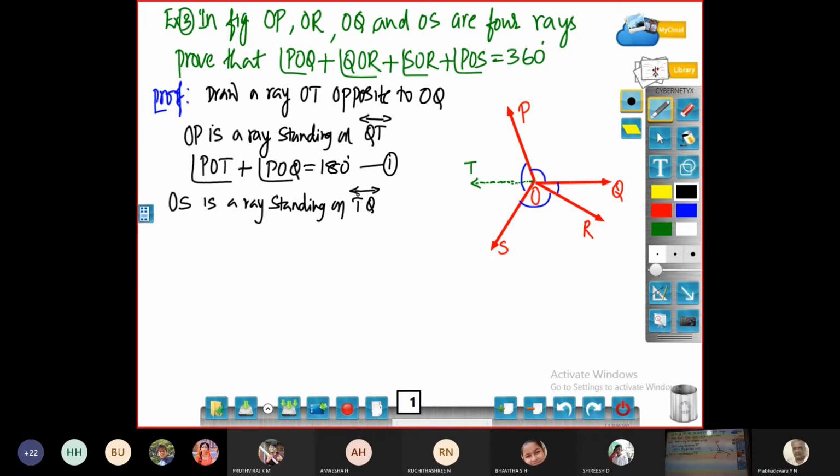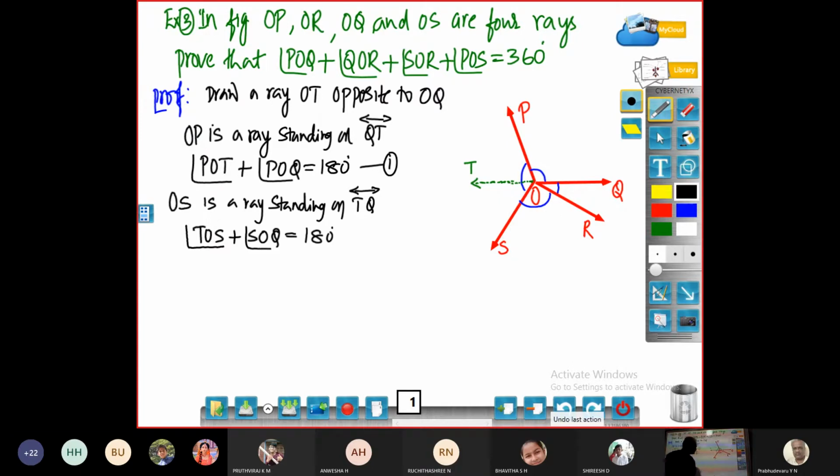Therefore the adjacent angles, I will take two adjacent angles, the pair: angle TOS plus angle SOQ is equal to 180 degrees. They are also adjacent angles only. I am going to mention these two together, it is 180 degrees.